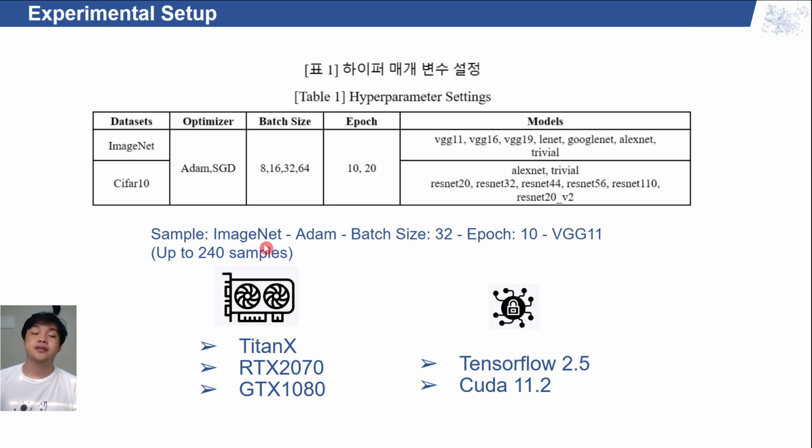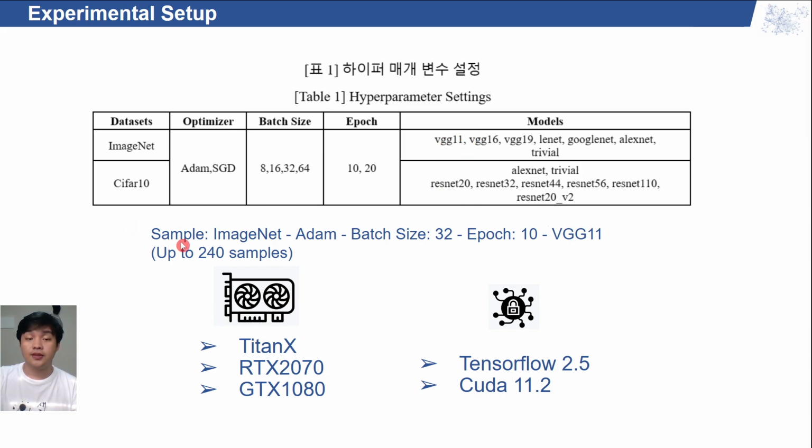To visualize the configuration, we have a sample here, which is using the ImageNet dataset, and we will be using the Adam optimizer with batch size 32 and a setup of 10 epochs on the VGG11 model.